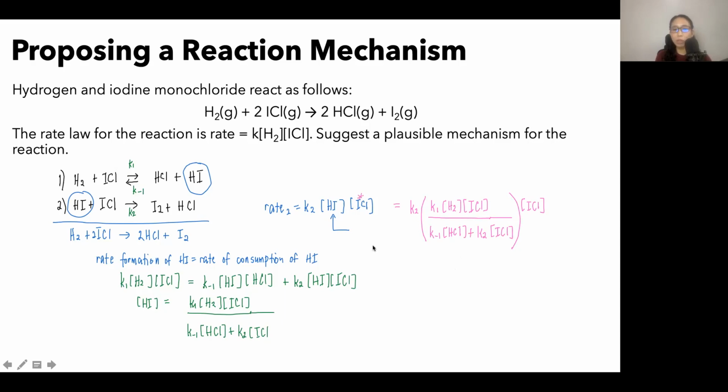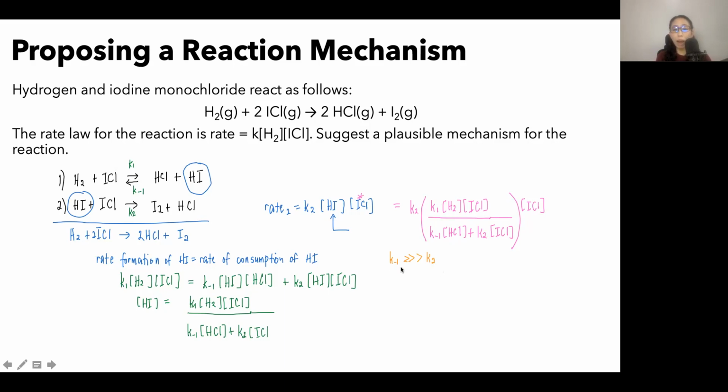First assumption. We make assumptions so that we can eliminate something in the denominator. Our first assumption: k negative 1 is much, much greater than k2. What does that mean? Your first step is faster than your second step.